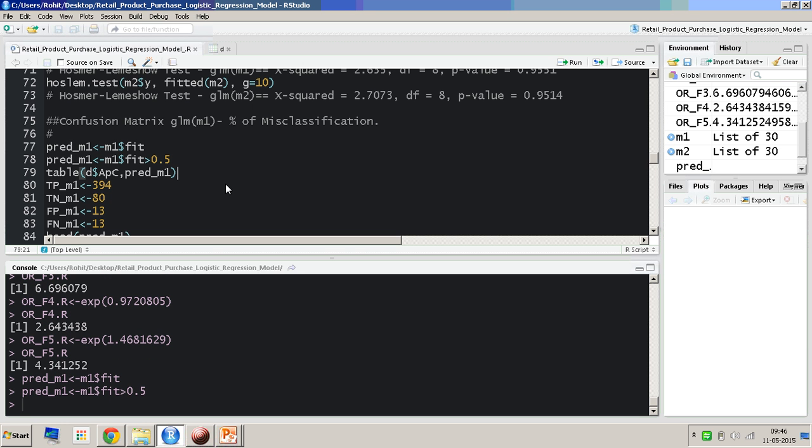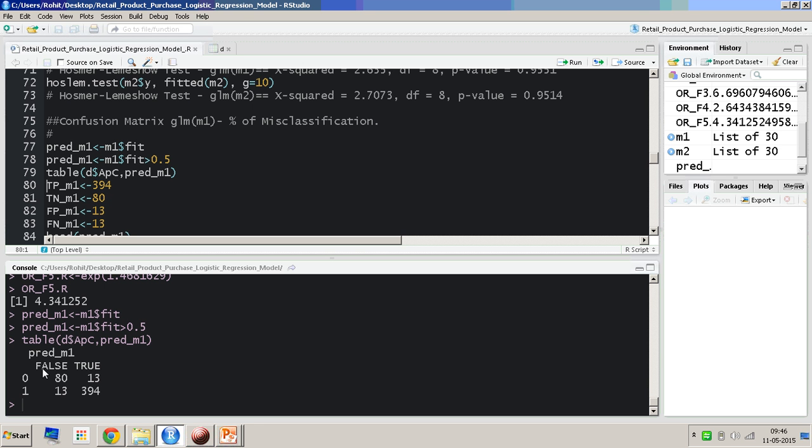And next we go ahead and see the confusion matrix, the table which has been created. So over here what you see is, in these two columns, the headers are false and true. So the false means that these are the values of zeros which have been predicted.